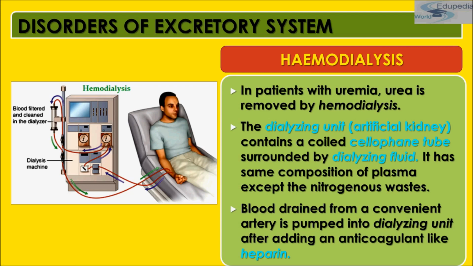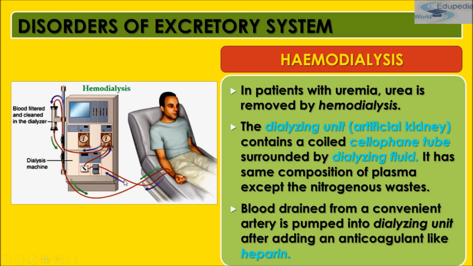The nitrogenous wastes diffuse out from the blood into the dialysing fluid, and this process of removal of micromolecules is called dialysis. The blood coming out of the kidney is warmed to body temperature, because this blood will also go back into the person.